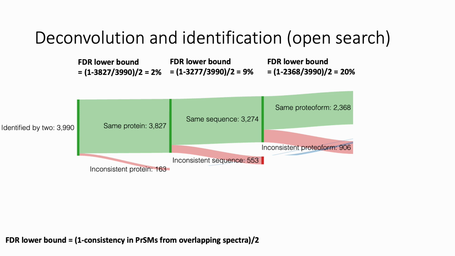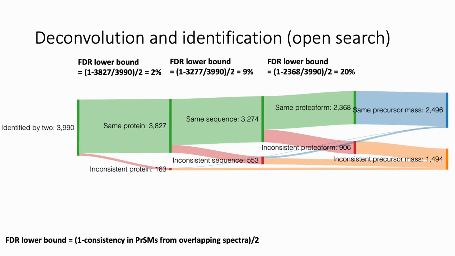The red flows are the inconsistent parts. Then where are they from, these inconsistent parts? As expected, most of the red flows are connected to the inconsistent precursor deconvolution results, color-coded by orange in the right side. This means that these inconsistencies are mostly from precursor deconvolution inconsistencies or deconvolution errors.